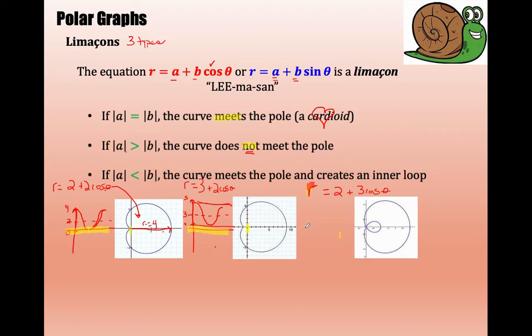I call it a loopy limaçon, excuse me. A loopy limaçon. So can you predict what's going to happen here? My sinusoidal axis is back at 2, but this time my amplitude, I go up to a height of 5, but I go down to -1. So what does my cosine graph do?